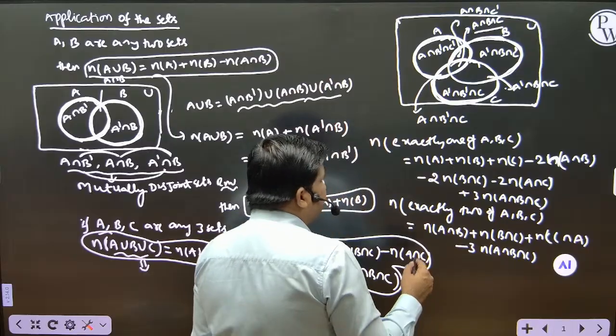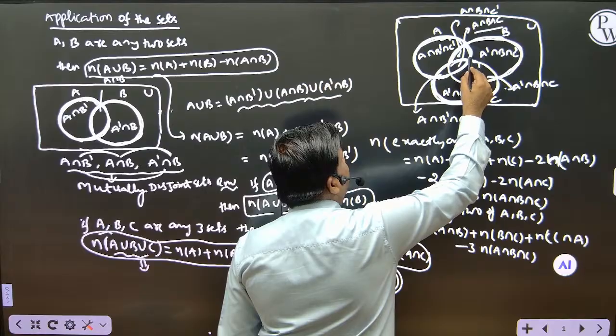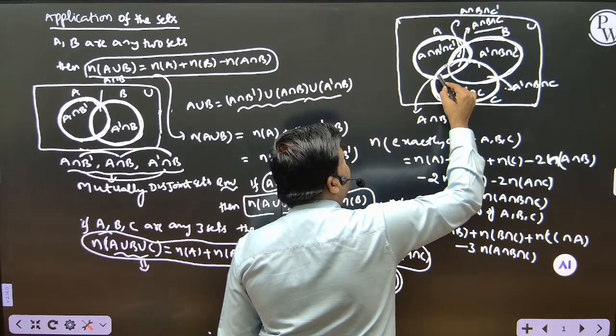Why? Exactly 2 means this is exactly a and b, this is exactly b and c, this is exactly a and c.